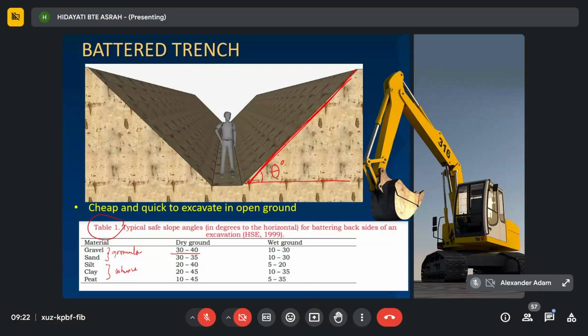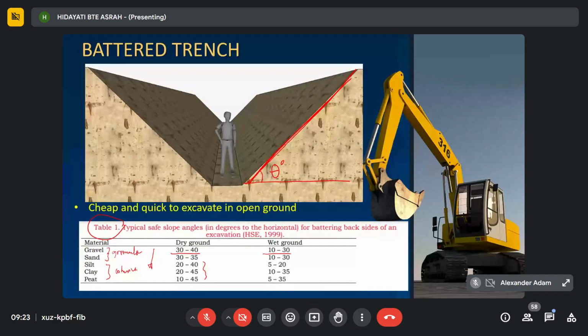If the ground is wet, then the angle is reduced, between 10 to 30 degrees, because you want to prevent collapse or sliding. The angle also reduces when cohesive soil is encountered. So gravel and sand are granular; silt, clay, and peat are categorized as cohesive. For dry ground, you can see the slope angle is reduced, similar to wet ground.